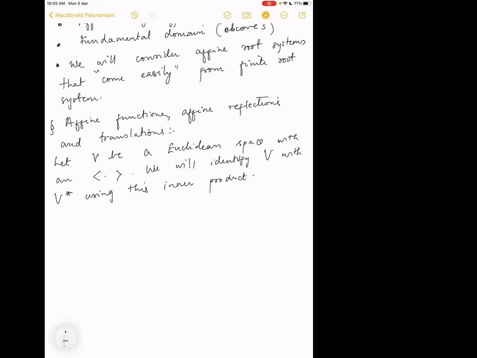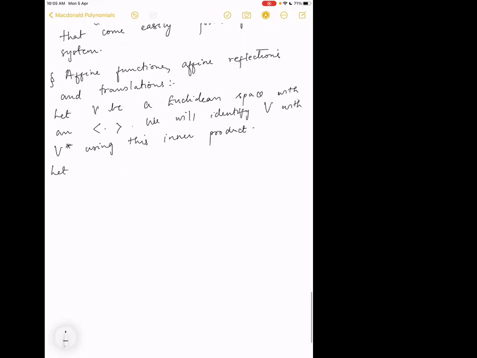Let F be the set of affine linear functions on V. I should point out here that the more appropriate way of doing this would be to start with an affine space, that is, a set on which this vector space V will act faithfully and transitively.